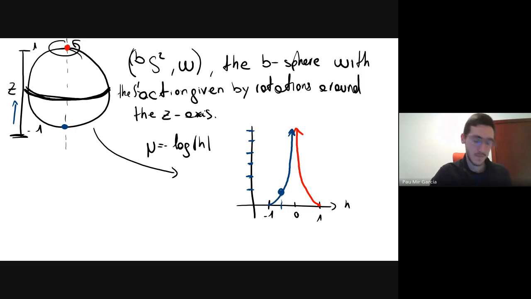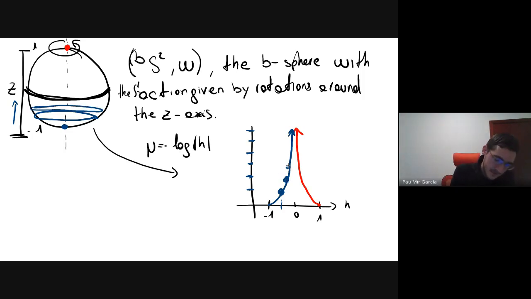Let me draw it properly. This would correspond to a leaf here. Then the next Born-Sommerfeld leaf would be placed here, the next one here, and there is an accumulation of Born-Sommerfeld leaves next to the equator. There are infinite Born-Sommerfeld leaves when you are close to the equator.